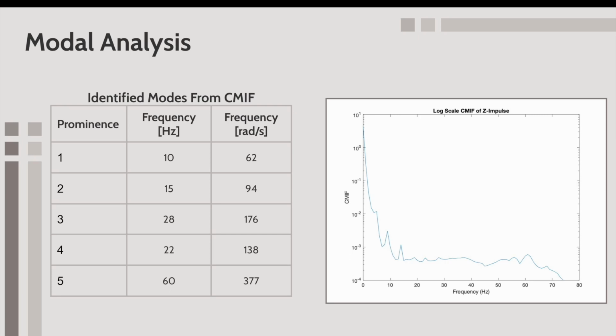Of these frequencies, 3 of them were previously identified by evaluating the experimental FRFs. The 3 frequencies being 15 Hz, 22 Hz, and about 30 Hz. Additionally, the 5th point of resonance found in the CMIF, 60 Hz, is close to the 55 Hz natural frequency previously identified.